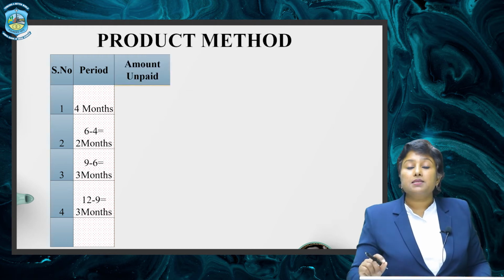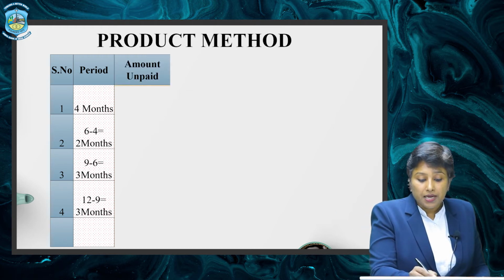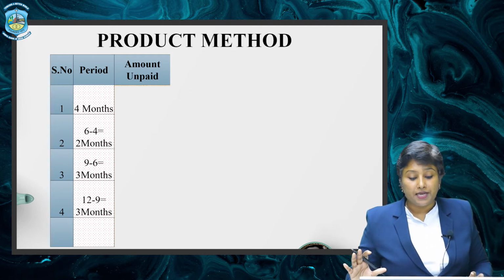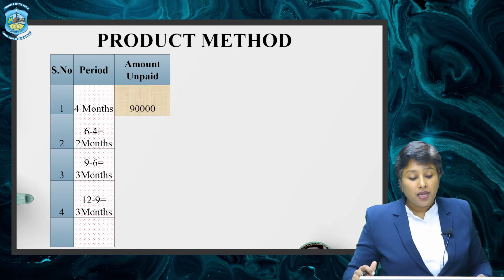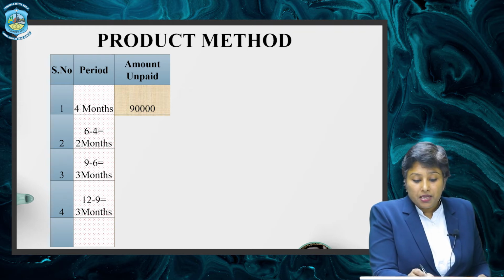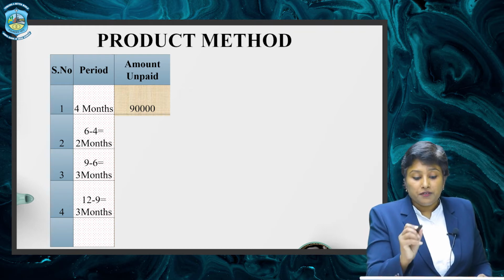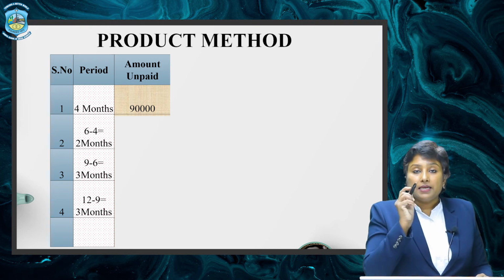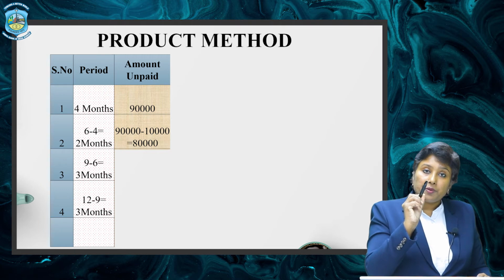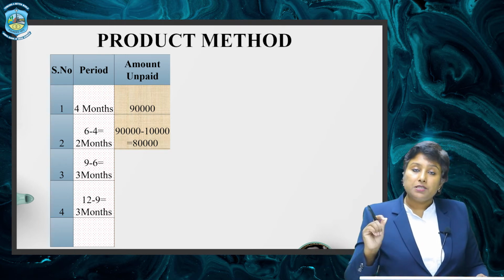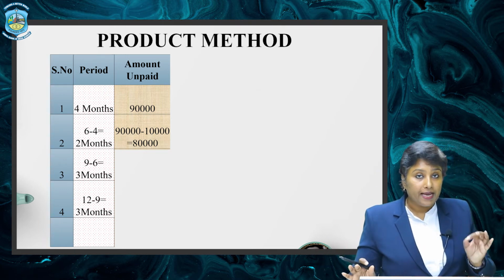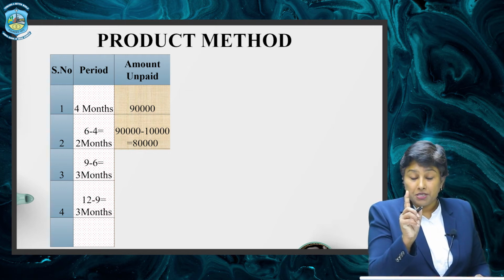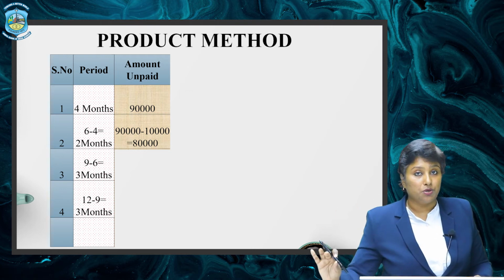Now the next column is the outstanding amount. The outstanding amount for the first installment is the entire amount of the hire purchase price, that is 90,000. Okay. Now 90,000 has been written in the first row of the third column, and then in the second row you will deduct from the entire hire purchase price the first installment, which is 10,000 rupees given to you already. The outstanding amount of the hire purchase price, let me tell you, is 80,000 rupees.